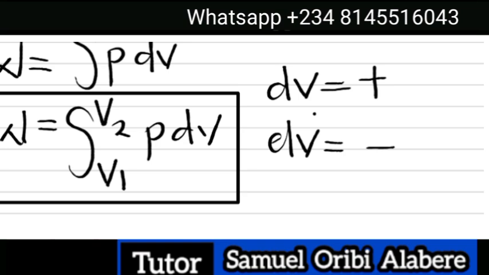When it is represented by a plus sign, it means that an expansion process occurs. But when it is represented by a negative sign, it means that a compression process occurs, or a system undergoes a compression process.